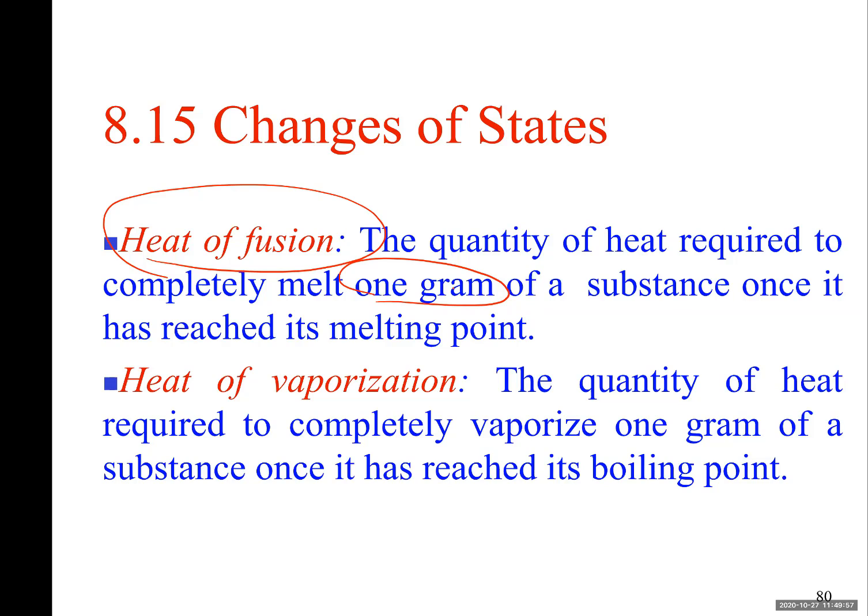The amount of heat needed to melt 1 gram of ice at 0 degrees Celsius is called heat of fusion. So fusion, melting. Heat of melting. How much heat do you need to melt 1 gram of a solid at its melting point? That's called heat of fusion.